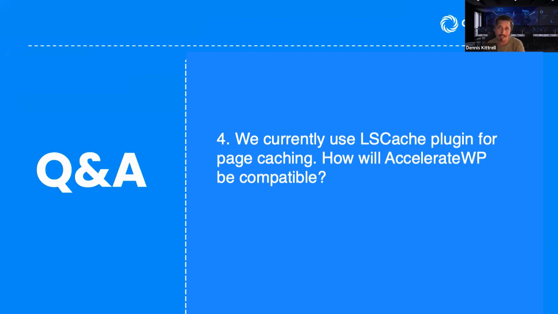So our goal is to provide the value of really analyzing the data from the website that we have access to, and then directing and advising the user, the site owner, on what to do next. And that's the real value here of Accelerate WordPress. So I hope that answers your question. If not, let me know.